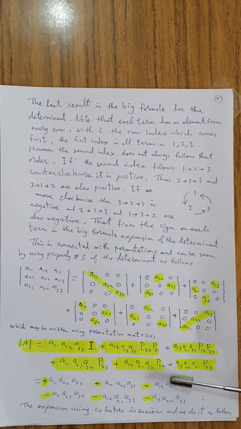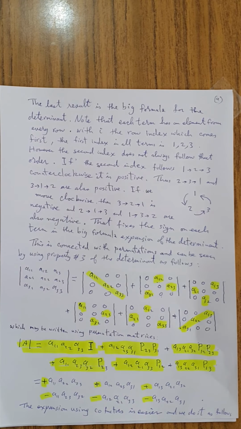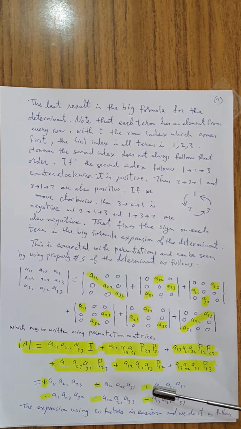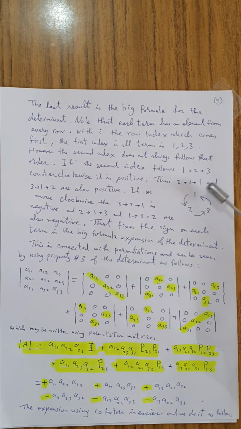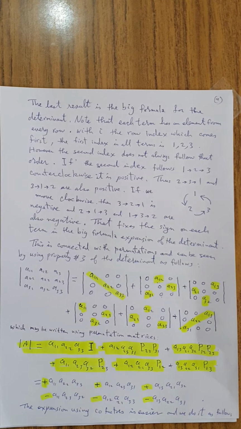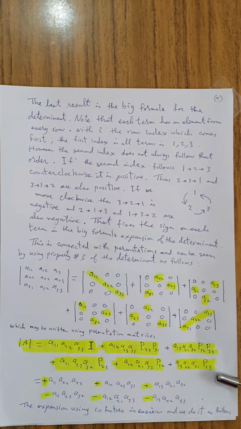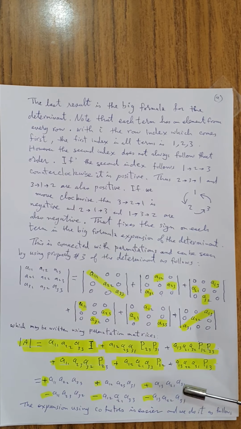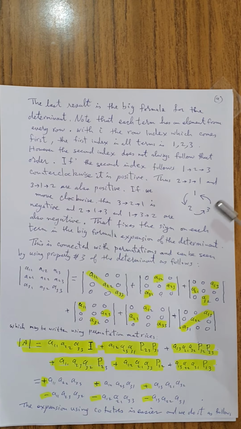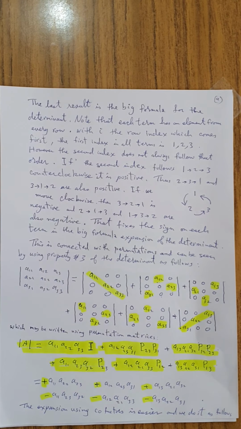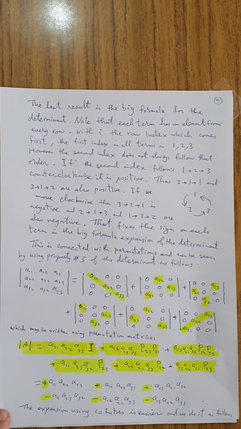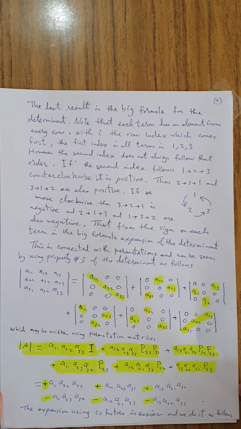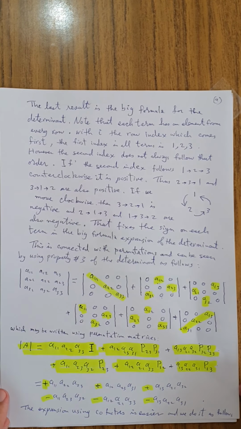And also the fifth term has the order 2, 1, 3. That's clockwise, that's negative also. And the sixth term has the second index 3, 2, 1. 3, 2, 1 is clockwise, so negative. So that fixes the sign in the big formula expansion of determinants.